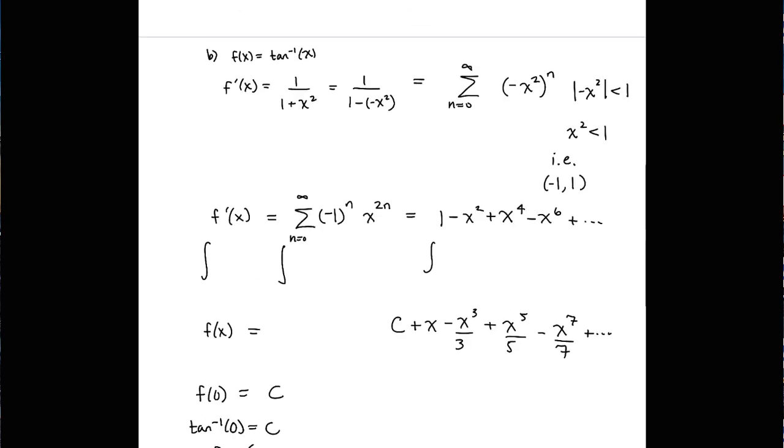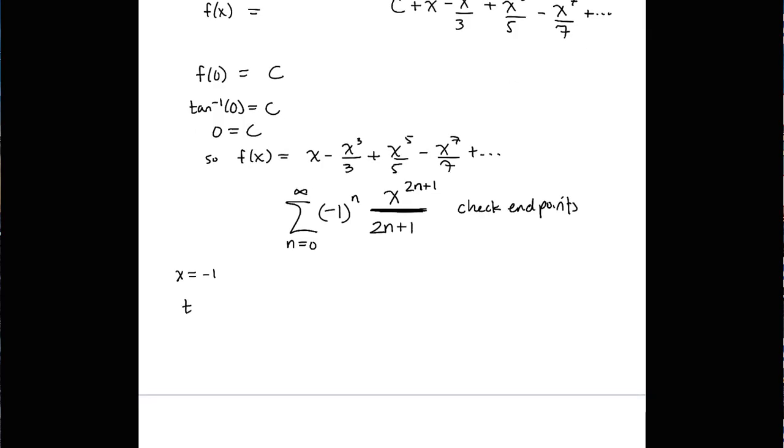We get negative 1 to the n times negative 1 to the 2n plus 1 over 2n plus 1, which is equal to negative 1 to the 3n plus 1. So we've got multiples of 3 and add 1.